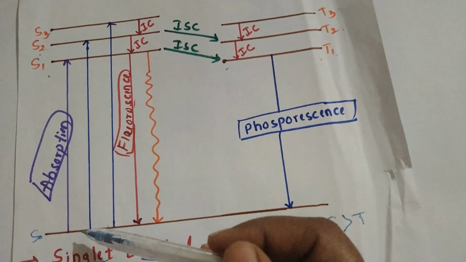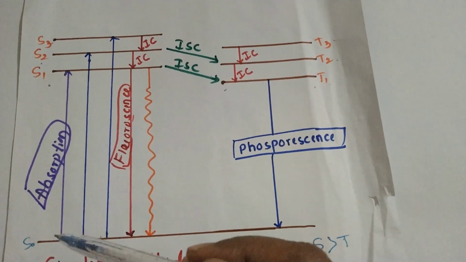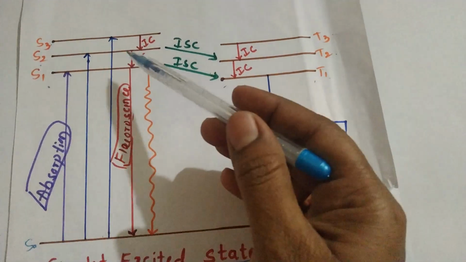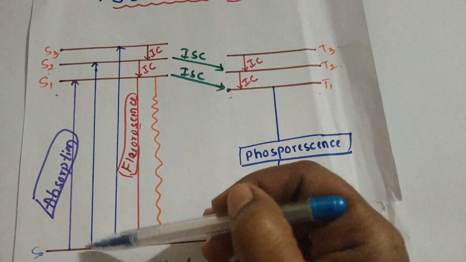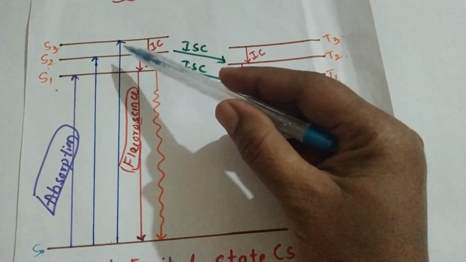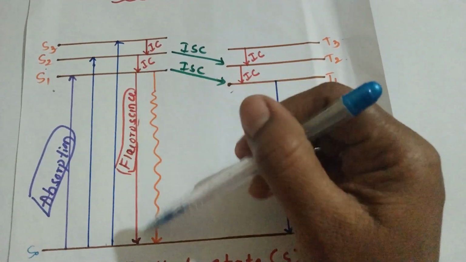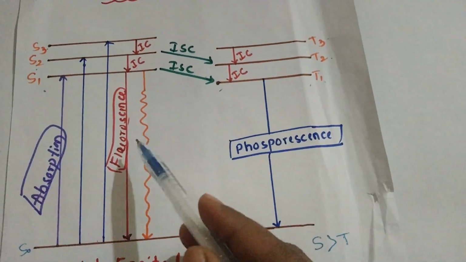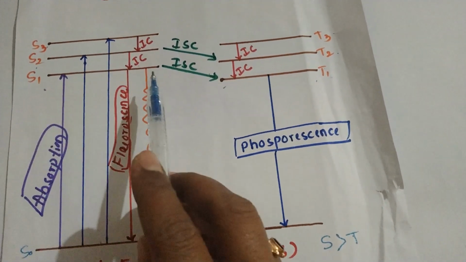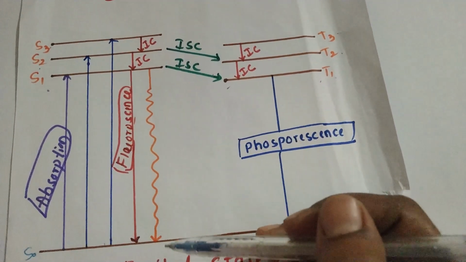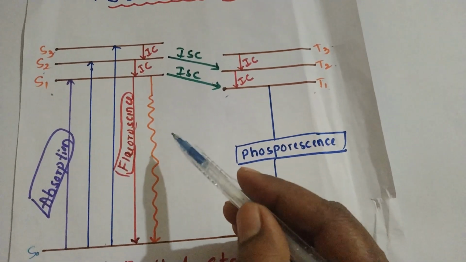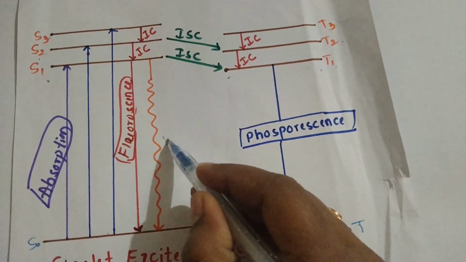So the electron jumps from lower energy to higher energy, that is, from the ground state to the excited state. It returns in different ways. You can see here, the electron may return to the ground state by emitting energy in the form of heat.